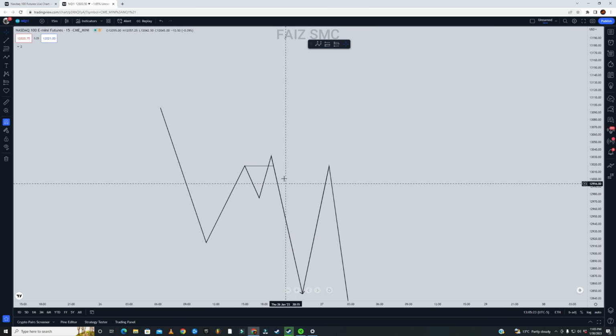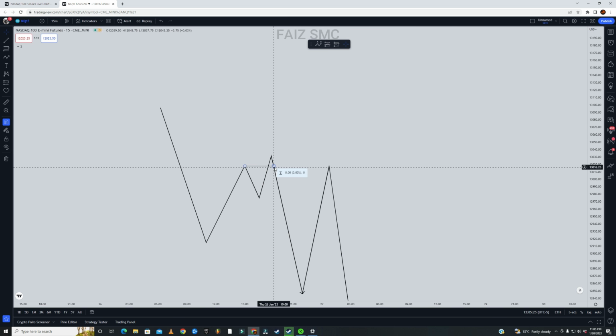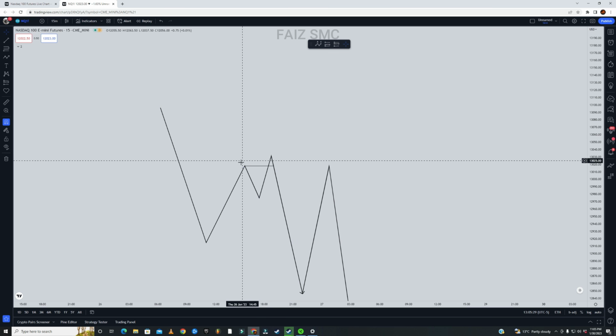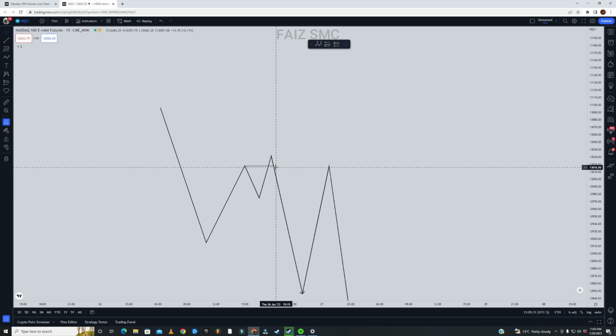Okay, so what is an order block? Consecutive bullish candles that took out this liquidity is your order block. It is not a single candle. It is a group of bullish candles that took out liquidity. It is not one candle.